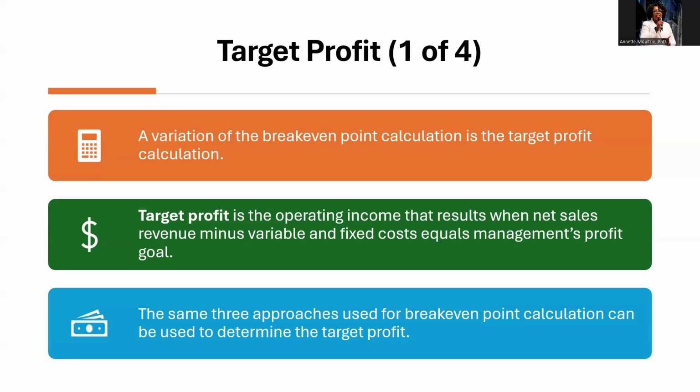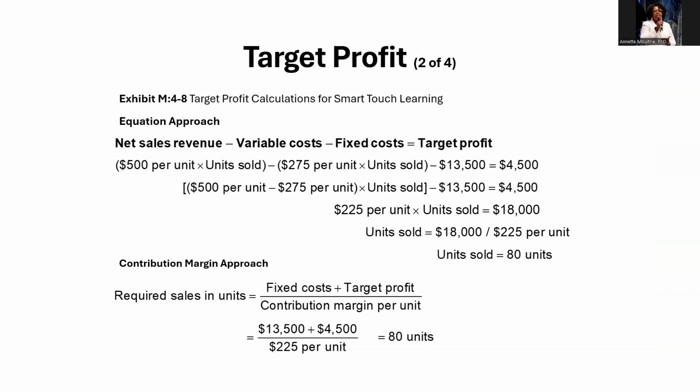The only difference is that a company uses a target profit instead of the break-even point of 0. Here in this exhibit, you have the target profit calculation for Smart Touch Learning, using all 3 approaches.